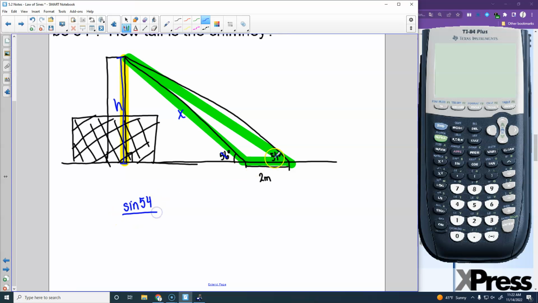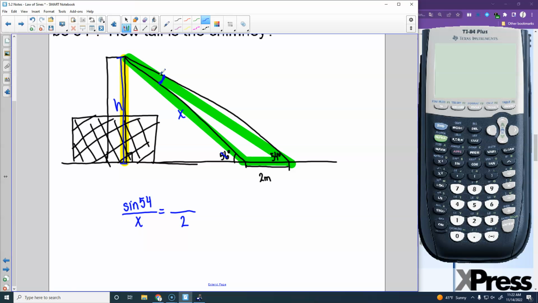It is across from X there. So I know I need to use that. The only side I know is 2. The angle across from 2 is this top skinny angle, this little tiny angle right here.